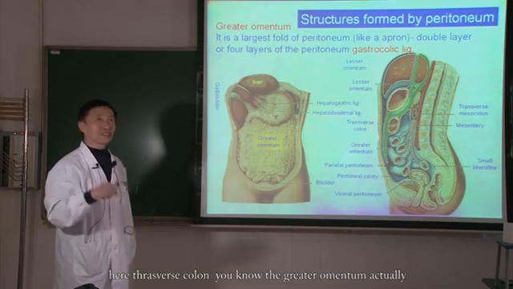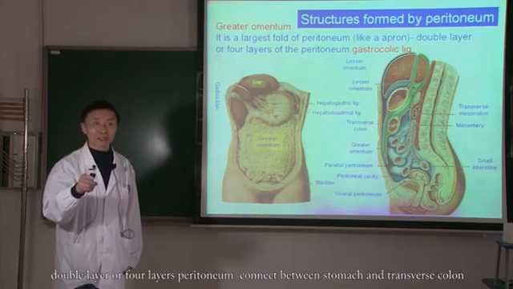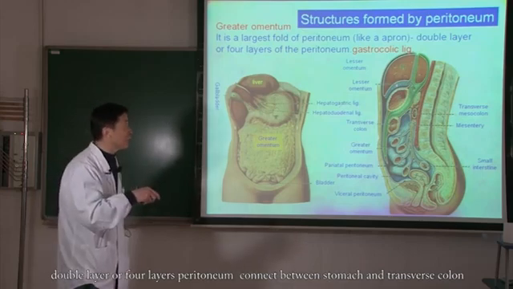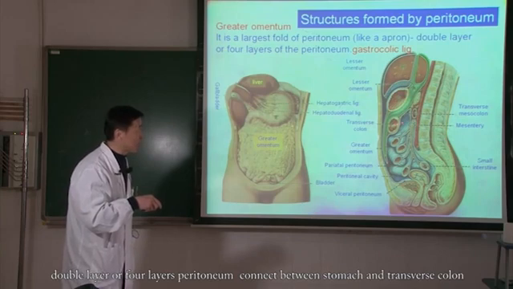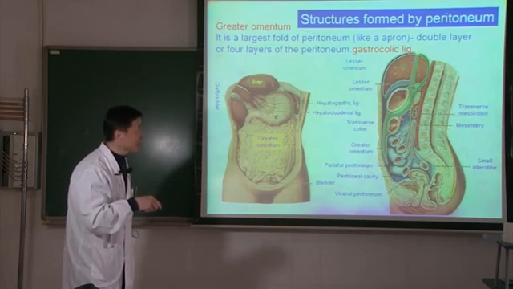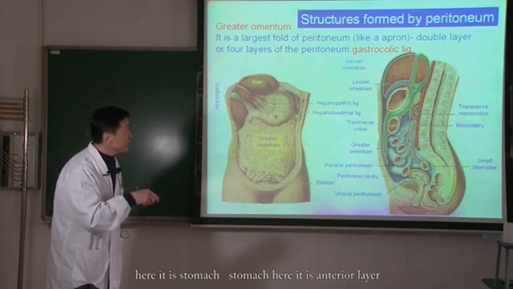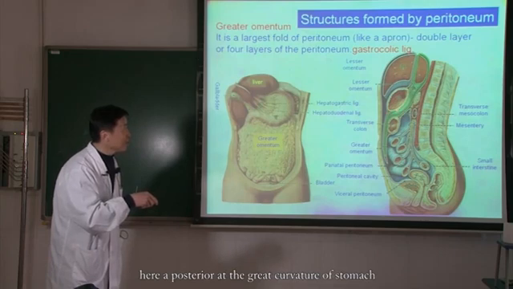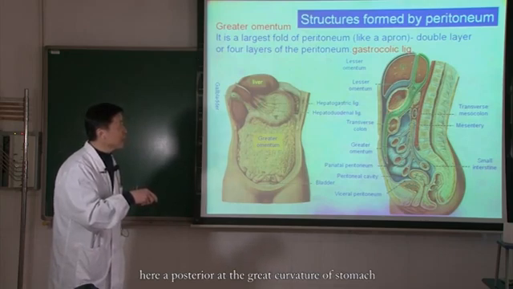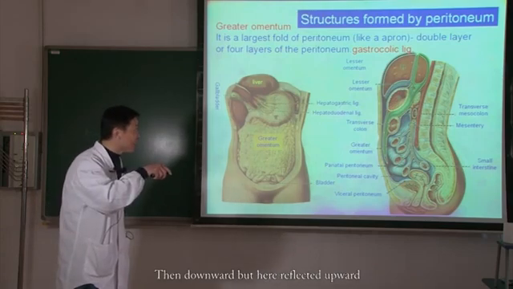The greater omentum is actually a doubled, 4-layer peritoneum connected between the stomach and the transverse colon. Here is very important. Here is the stomach, with its anterior layer and posterior layer. At the greater curvature of the stomach, the anterior layer and the posterior layer combine together, then go downward.